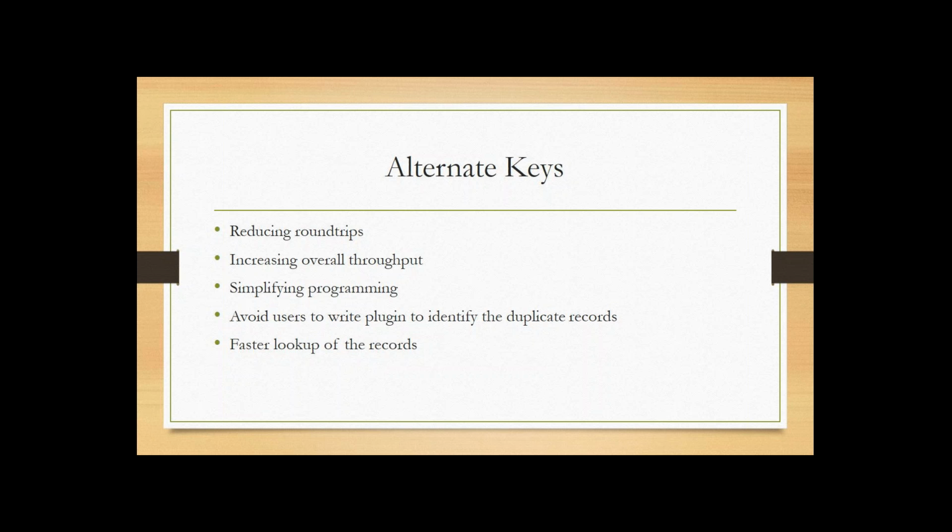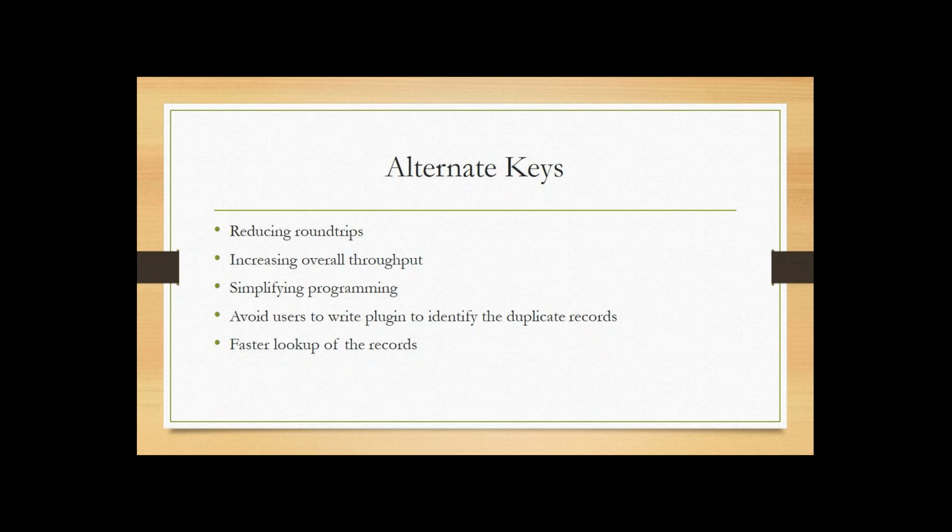With alternate keys, we can now define an attribute in a CRM entity corresponding to a unique identifier. The feature of alternate keys like this is used to identify duplicate records. If a record with the specified alternate key exists in the system, then it will throw an error.